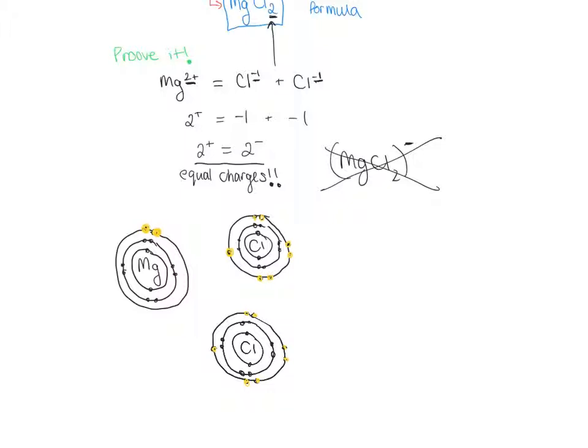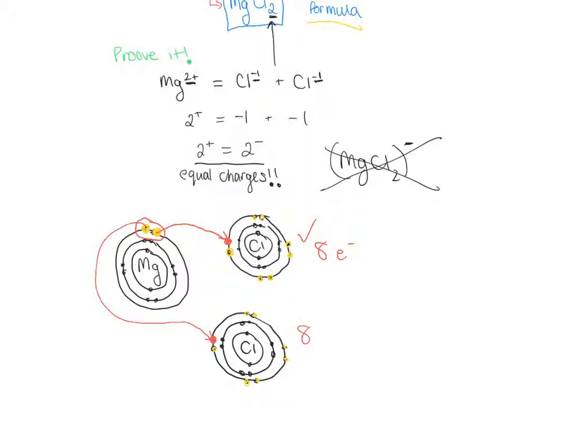Okay, so if these 3 are going to bond together, because that is what our formula way up there is telling us, it's saying we have 1 magnesium, 2 chlorines, they create an ionic bond. So we can explain this by saying, easy, magnesium has 2 valence electrons to give. It can give 1 to chlorine. Perfect. Now this chlorine is full, 8 valence electrons. It can give the other one to this chlorine.